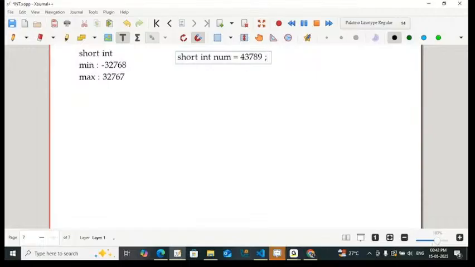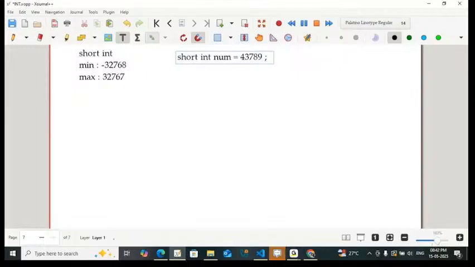If a short integer is stored with 43789, what happens? I am trying to store a value out of the range.